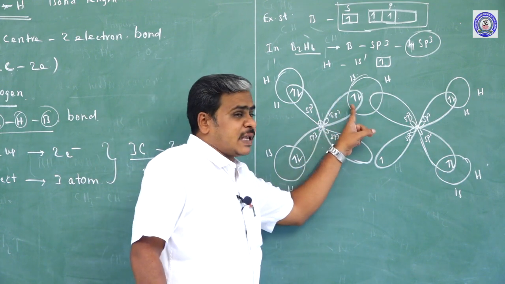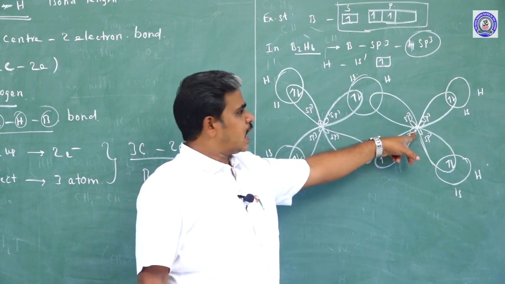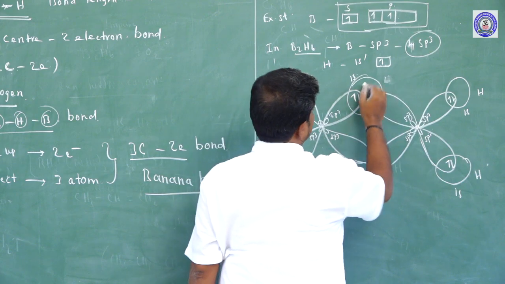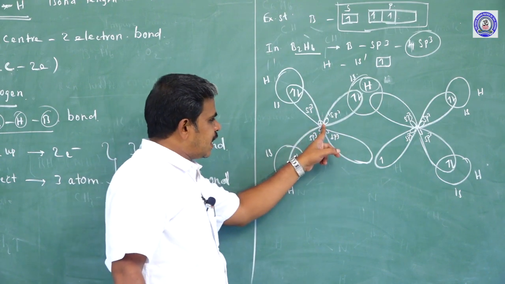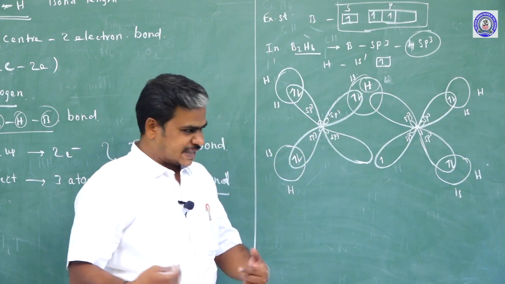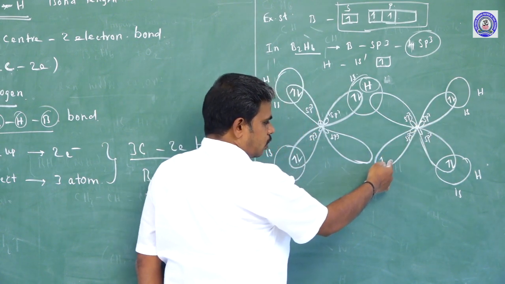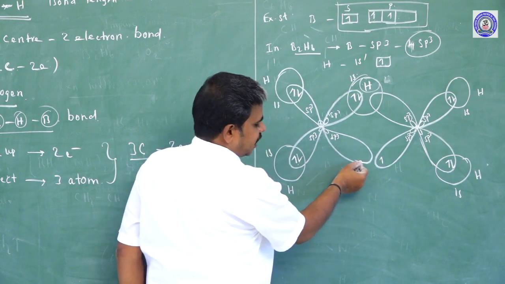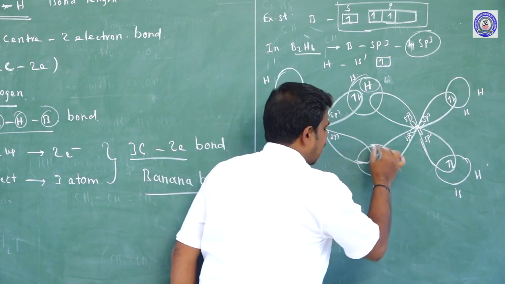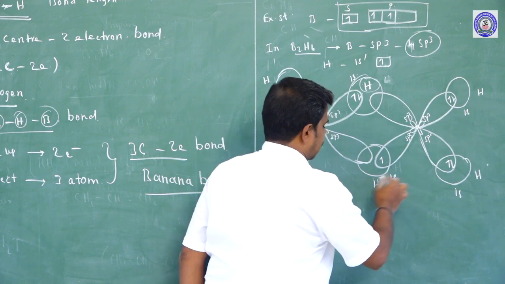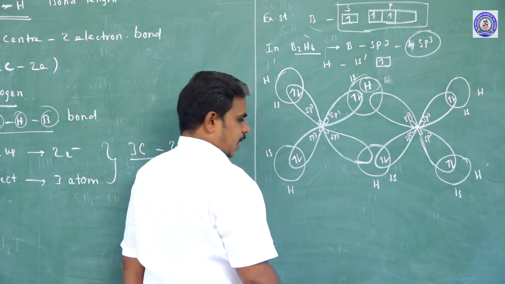So one sp3 hybridized orbital, one vacant sp3 orbital and one hydrogen atom make the B-H-B banana bond. The same way here, the filled sp3 hybridized orbital of boron overlaps with the vacant sp3 hybridized orbital of boron and also with the hydrogen atom's 1s orbital and makes that bond.